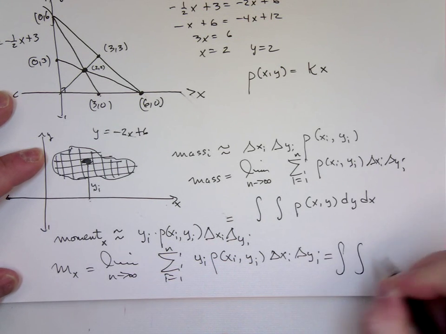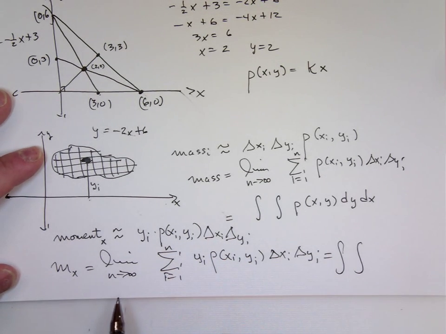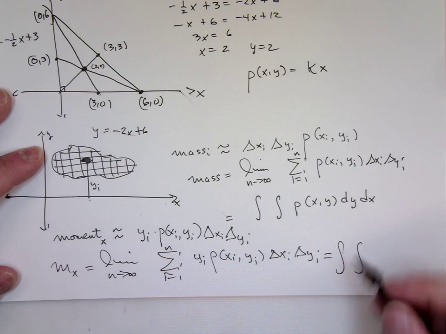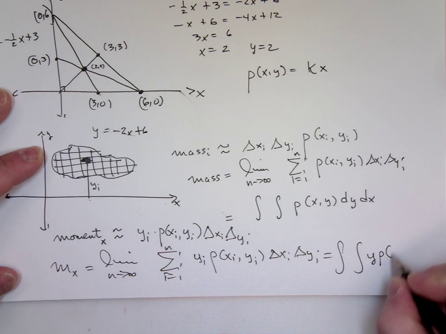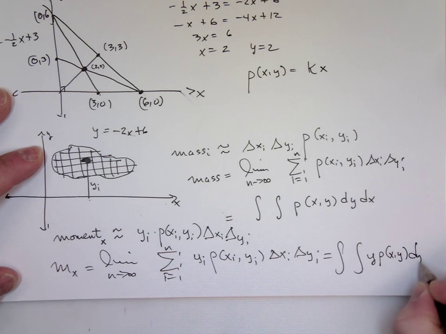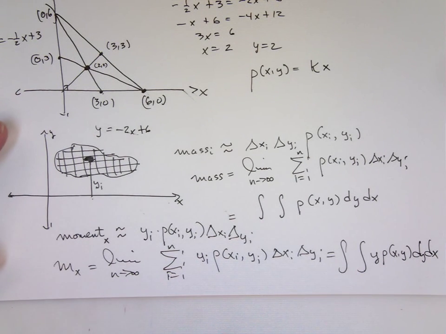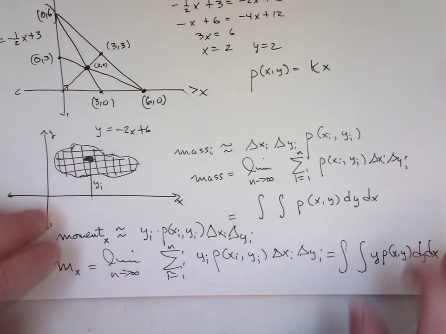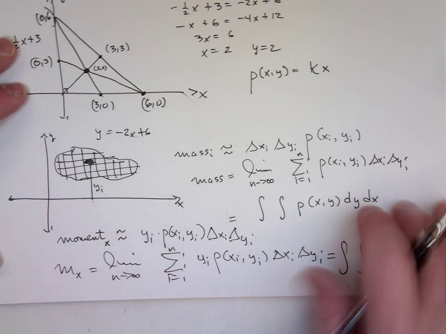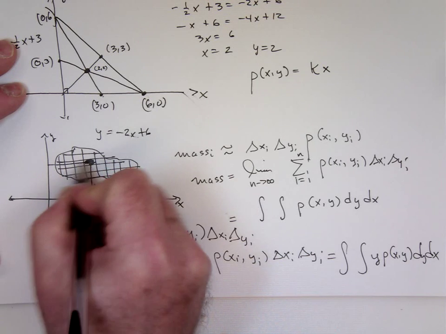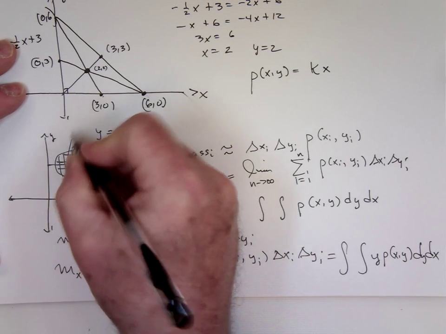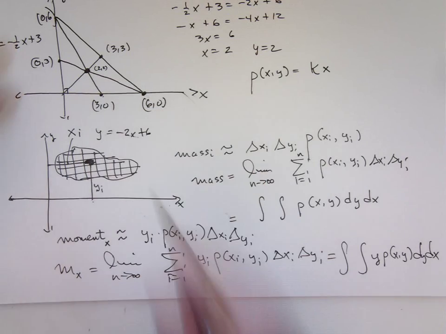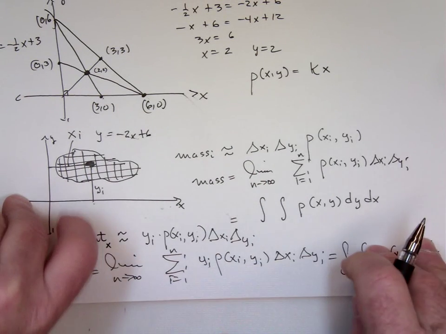With a double integral. The difference is we have a y coordinate here. That is the moment generated by this lamina about the x-axis. It's the sum of all the individual moments. And what about the moment generated from the y-axis? That'll be the distance x. So we have this. The moment from the y-axis.